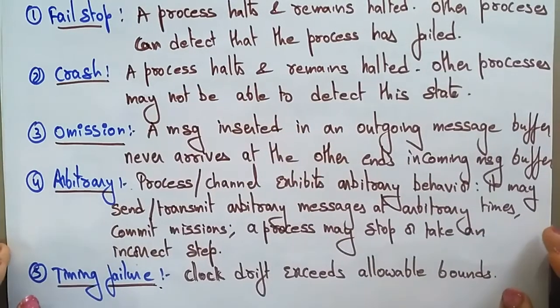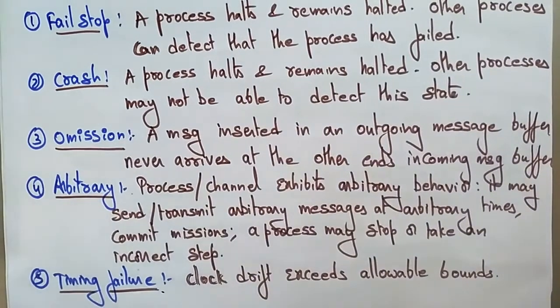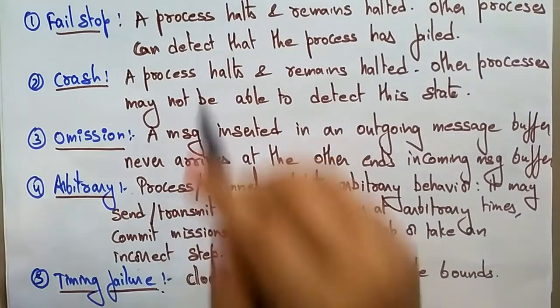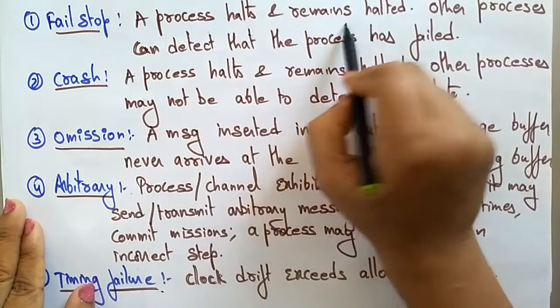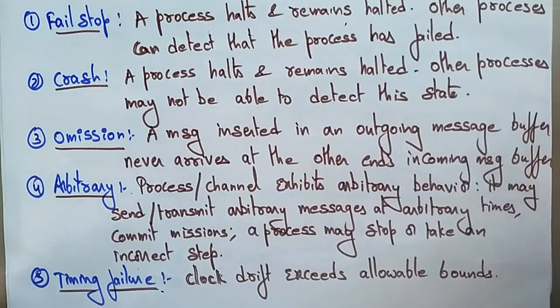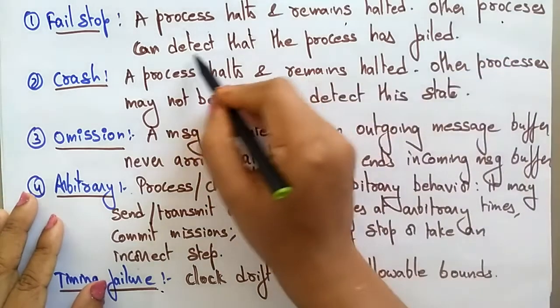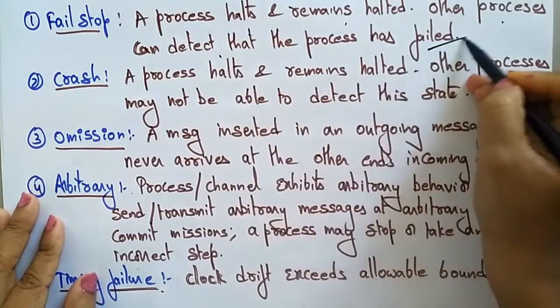Suppose fail stop. Whenever a fail stop occurs, a process halts and remains halted. Whatever process is going on is going to be halted and it becomes idle. Then other processes can detect that the process has failed.